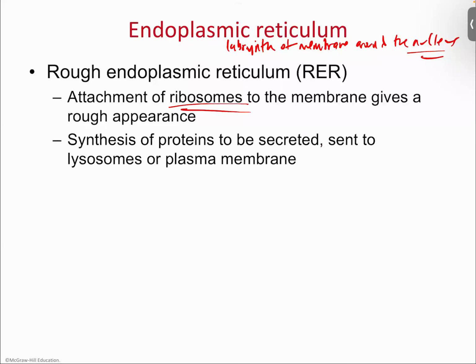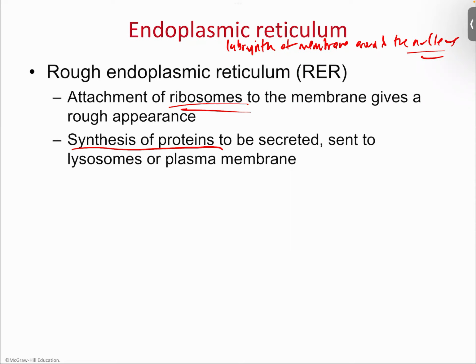Now, what does the rough ER do? Well, first of all, since it's got a bunch of ribosomes attached to it, what it does for a living is the synthesis of proteins, right? But think about it. We just said that if you're tethered to a membrane, it usually means you're not just making any protein, you're generally making proteins that are associated with that particular membrane system, right? So what's associated with the rough ER?